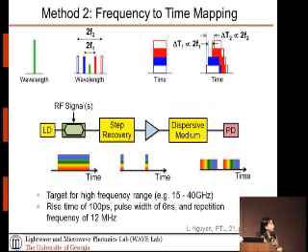Because of the limitation in the time gating here, the target frequency is only 15 to 40 gigahertz. It's not very good for low frequency bandwidth. And the rising edge of the gating signal they have been using is 100 picoseconds. The pulse width is 6 nanoseconds with a repetition rate of 12 megahertz.